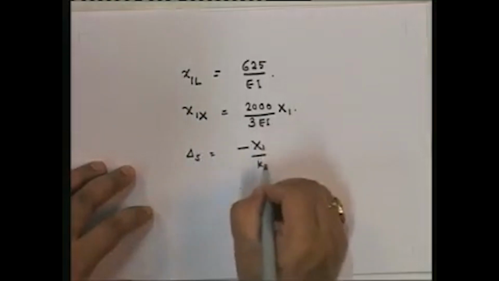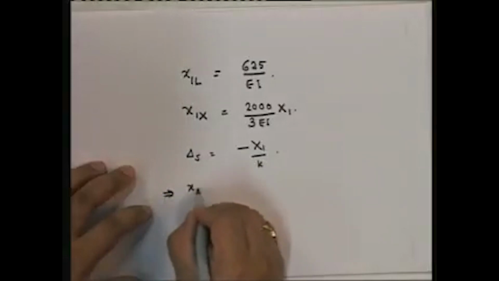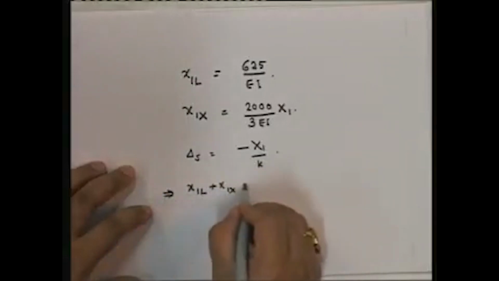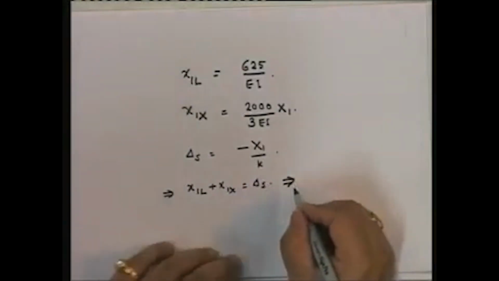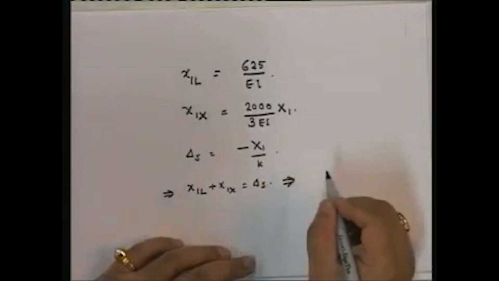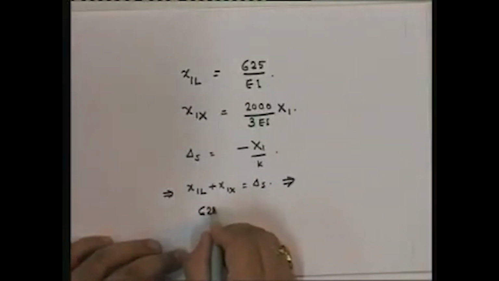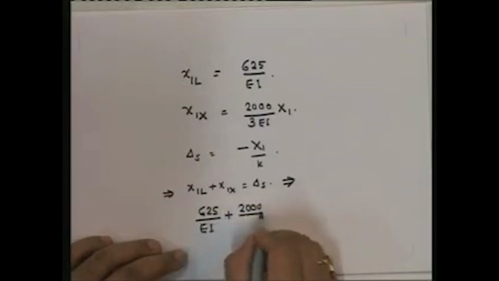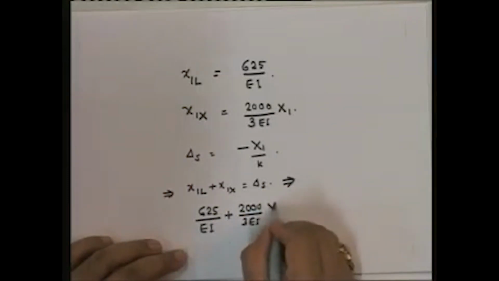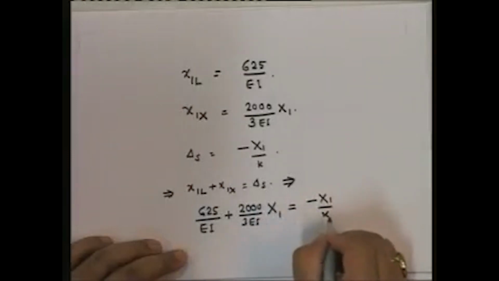Minus x1 upon k. By putting that into the compatibility condition, which is x1L plus x1S equal to delta S, what we get is 625 upon EI plus 2000 upon 3 EI into x1 is equal to minus x1 upon k.